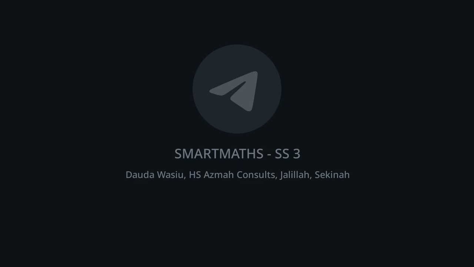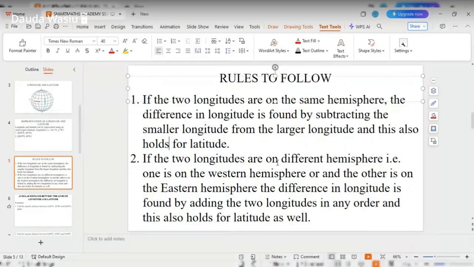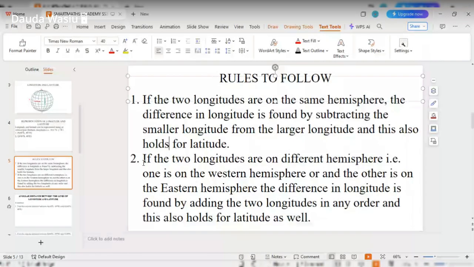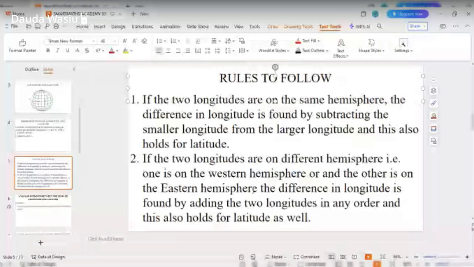Then rule number two says if the two longitudes are on different hemispheres, that is, one falls on the west and the other falls on the east, one on the western hemisphere and the other on the eastern hemisphere, the difference in longitude is found by adding the two longitudes in any order. It can be east plus west or west plus east. That is what we mean by any order.